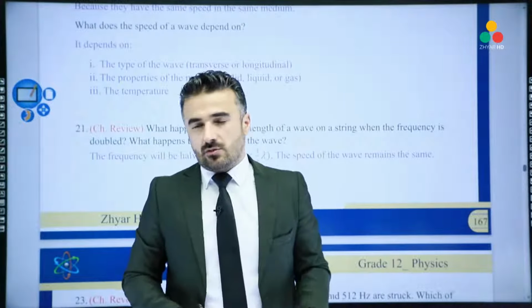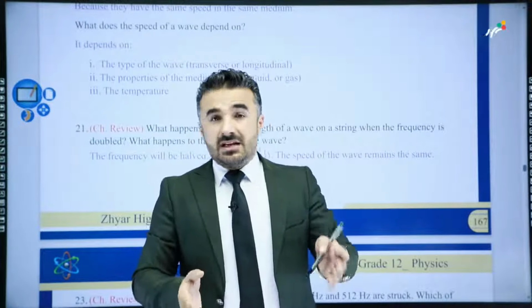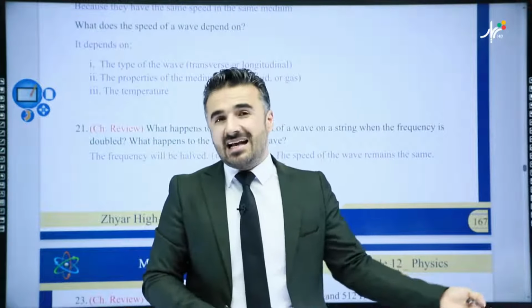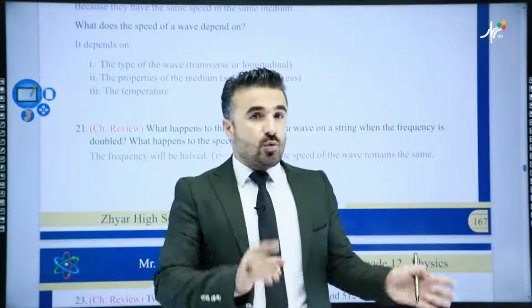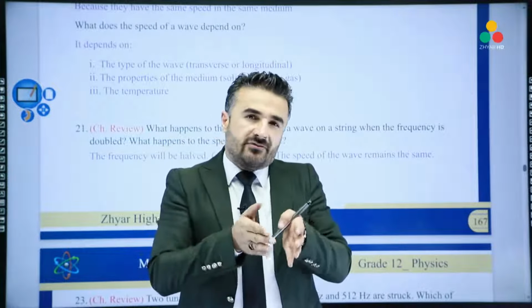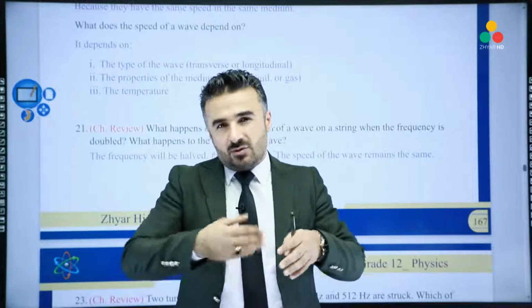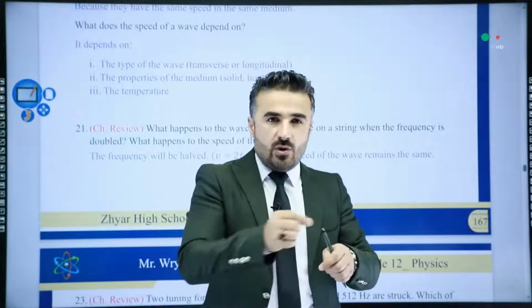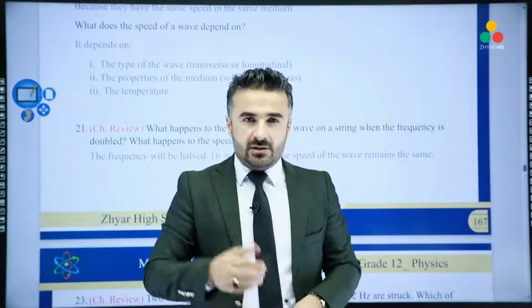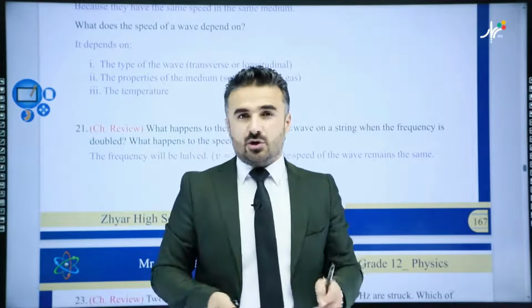And the reason is that, in solids, by the way, the speed of sound is the fastest, and in gases it is the slowest. The reason it is the fastest in solids is that the particles in solids are very close to one another, so this helps the sound to be transferred from one particle to the neighboring particle way quicker compared to gases or air.